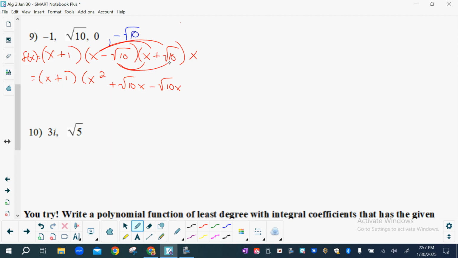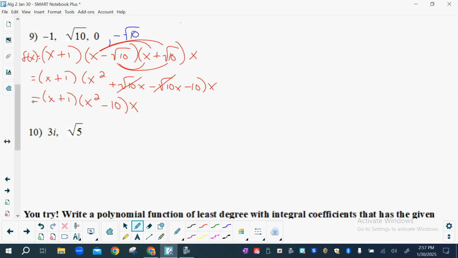Negative 10. That's right. So we get negative 10, and these cancel. We have x plus 1 times x squared minus 10 and then times x. If you wanted to, you could multiply one of them by x. I like doing it last.